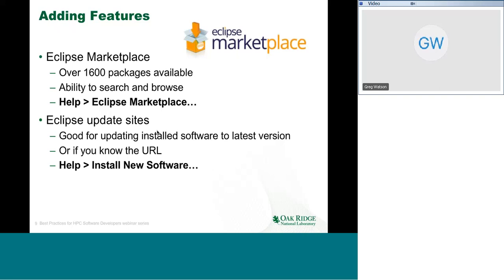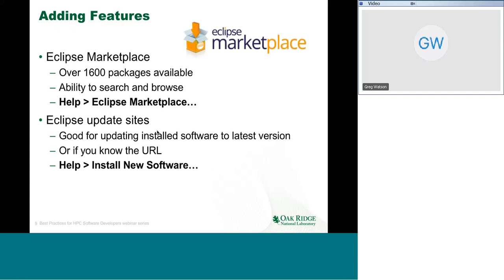There's another way of installing features which is from what are called Eclipse update sites. And essentially these are repositories that anybody makes available. Typically a project will make an update site available for their project only, and they'll put new versions of their software available on that update site. So they're good for updating installed software to the latest version, or if someone gives you the URL to the update site, then you can just plug it into the dialog, and it will show you what's available at that site, and then you can install it.